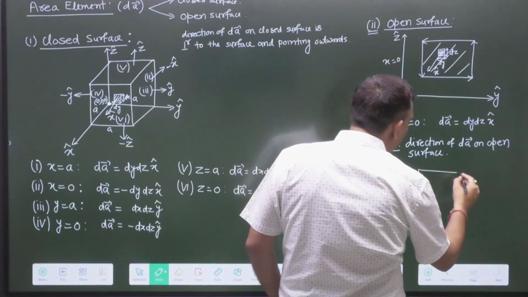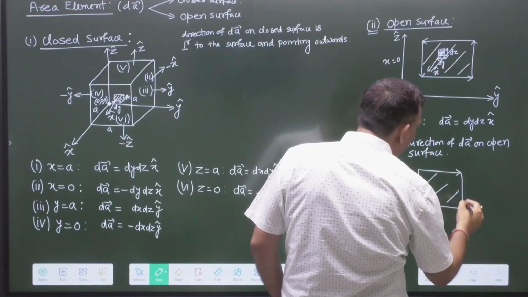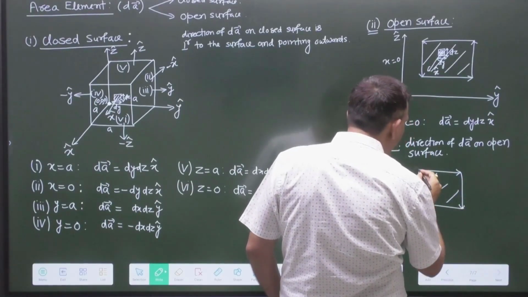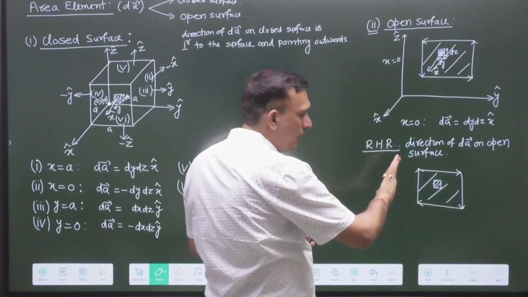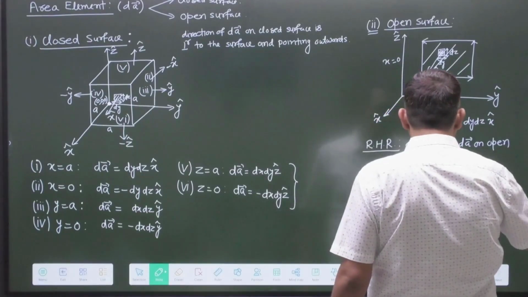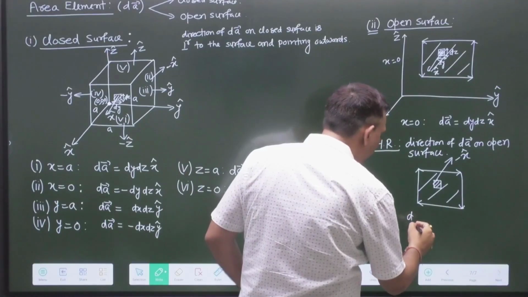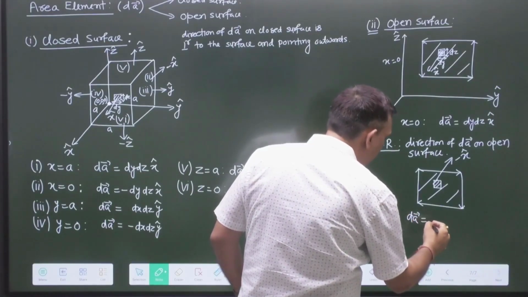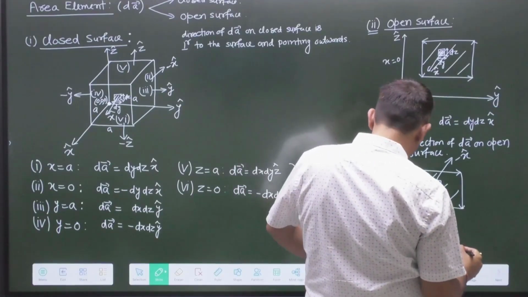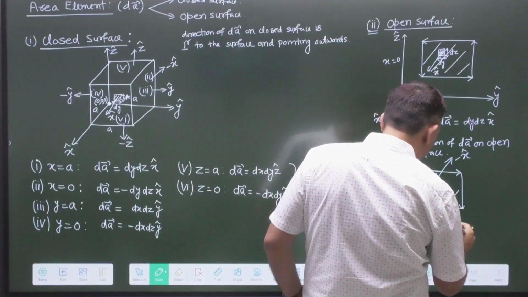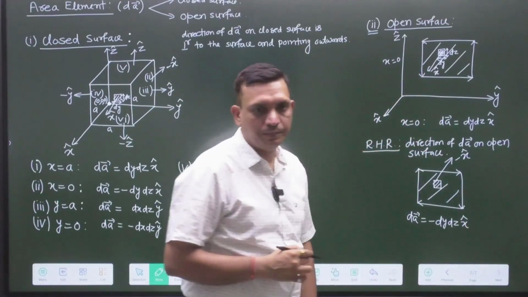If for the same rectangular surface dL is opposite to this, then this direction will be in the minus x cap direction. So if you have to write dA over this surface, this is minus dy dz x cap.